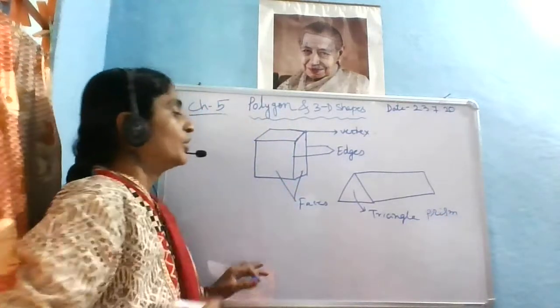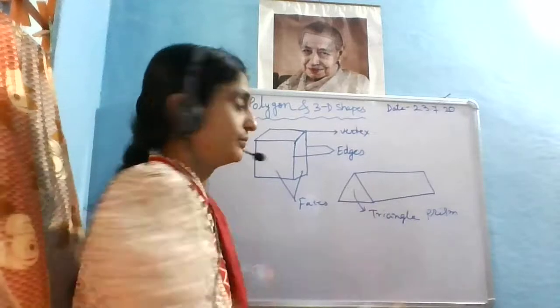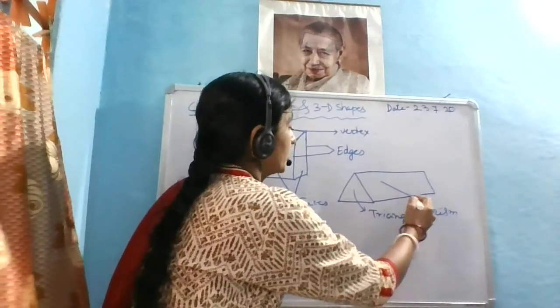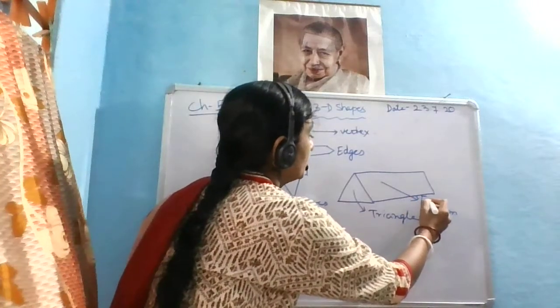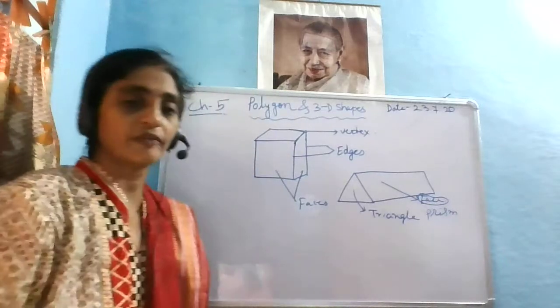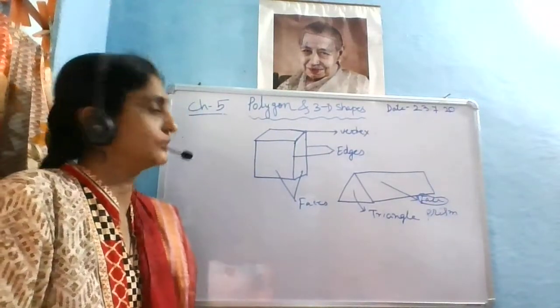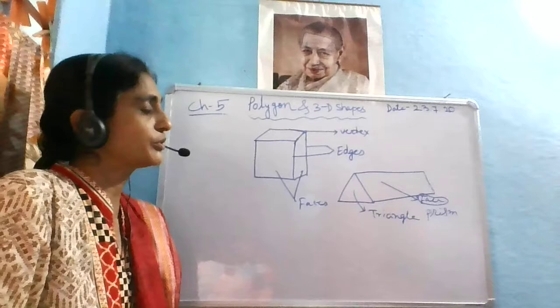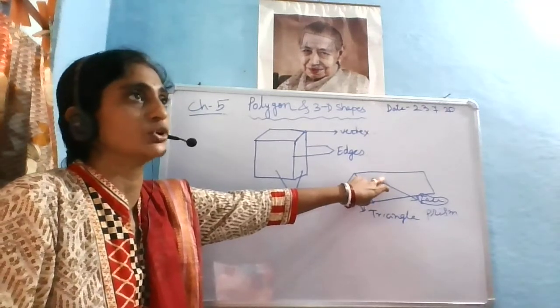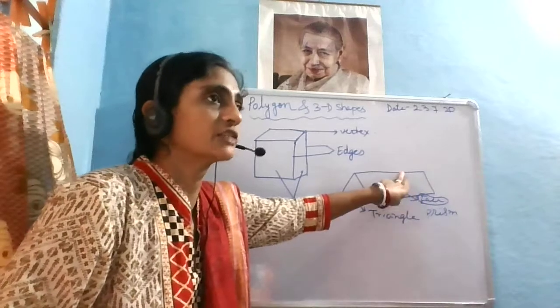For all prisms, the side face will always be rectangular in shape. This is the special property of the prism. For any prism, the lateral face will always be of a rectangular shape.